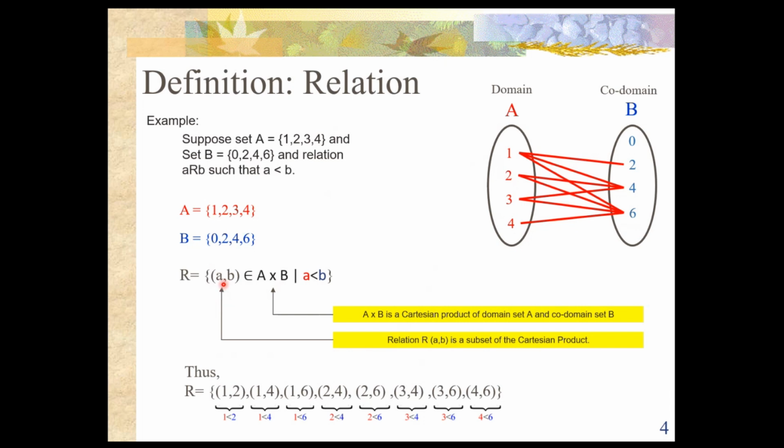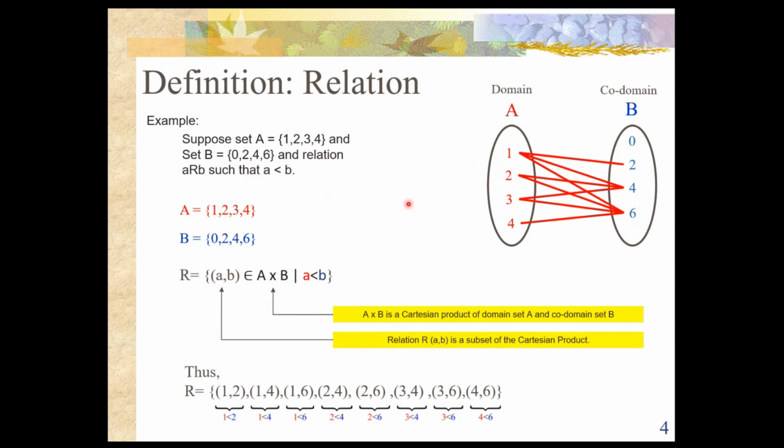Don't worry. a is an element of set A, and b is an element of set B. And they are, as given here, 1, 2, 3, 4 for set A and 0, 2, 4, 6 for set B. This A multiplied by B is read as Cartesian product of domain set A and codomain set B.